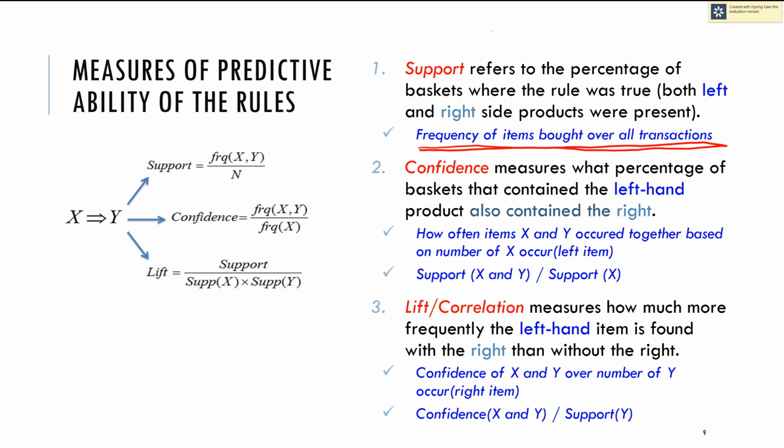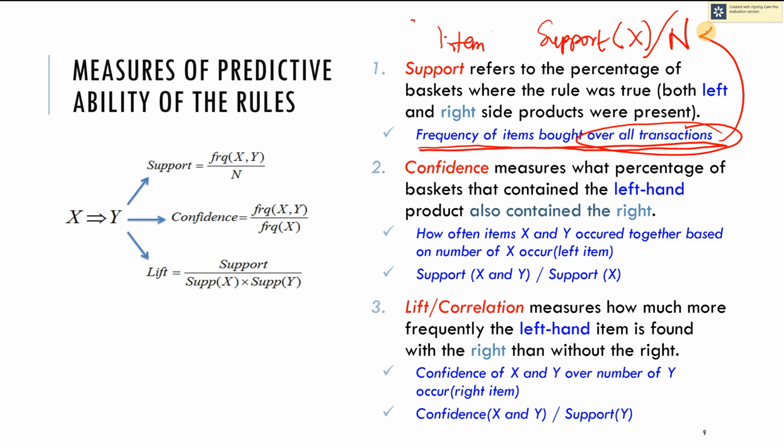If you have a one item set, you have support for X over N, where N means all transactions. If you would like to have the support of a 2 item set, you are going to find the support of X and Y, which is 2 items over N, where N means overall transactions.